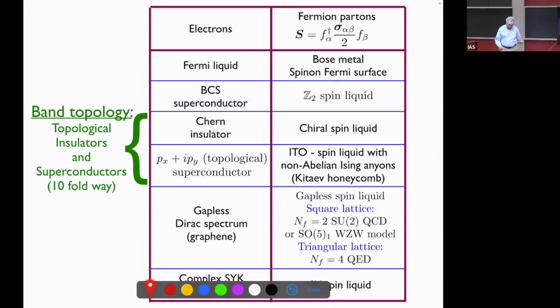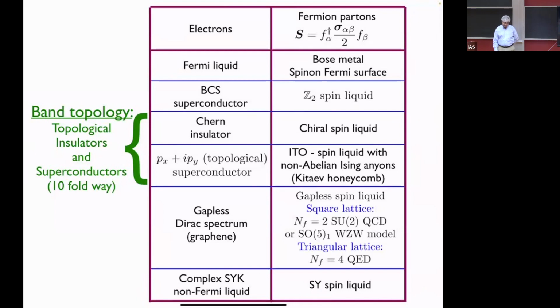And that was actually the state that I looked at with Y many years ago. So let me just call that the SY spin liquid. So there's a subtle distinction between the SYK state and the SY state. One has a gauge charge, the other one doesn't. That certainly doesn't make very much difference in the large N limit, but it makes a big difference to what are observable operators in the system.